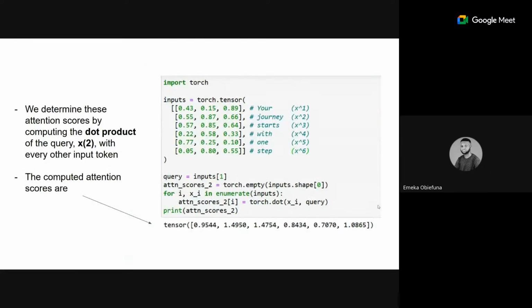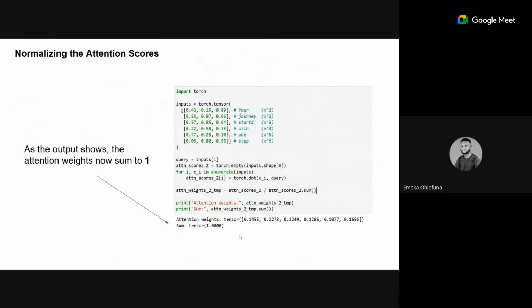You add all these numbers together, and it's going to give you a value. Then you take the first number and divide it by that sum, this divided by that sum. So that's exactly what's going on here. In case you are wondering what's happening, that's what's happening here. When you do this, it's going to give you these attention weights that you have here.